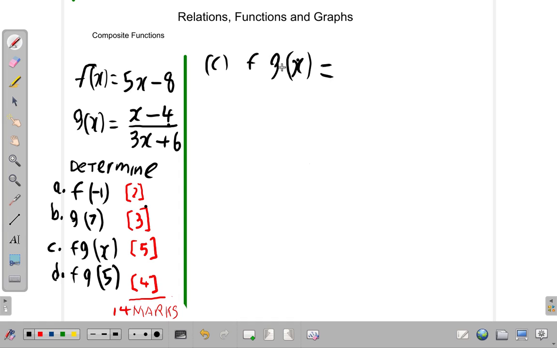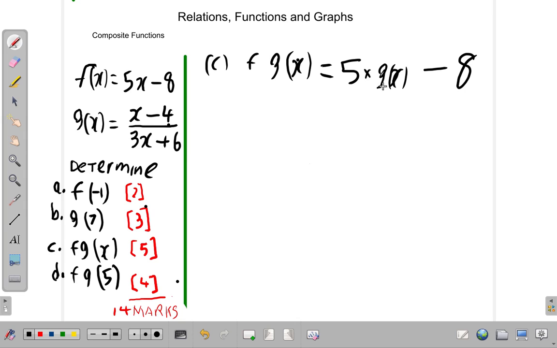Now, it's f of g of x. But f of x was 5x minus 8. But this is f of g of x. So what we'll have now is 5 times g of x minus 8.